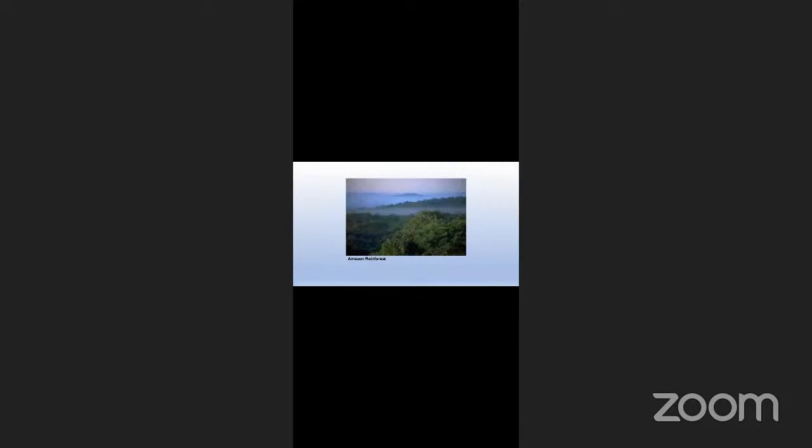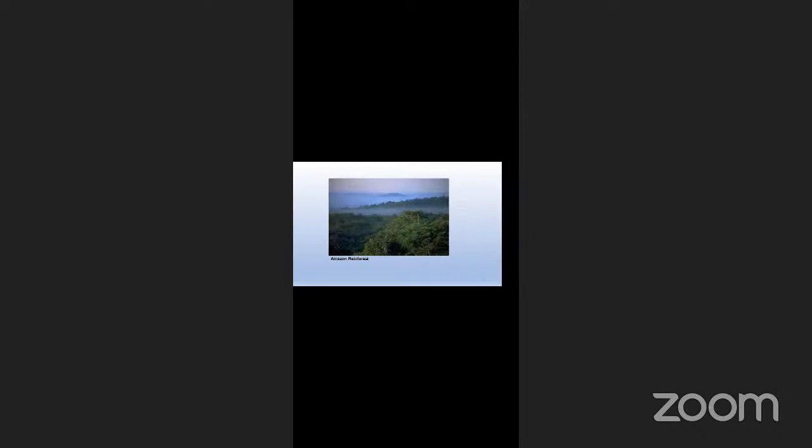The largest forest, which we already studied in our school days, is the Amazon rainforest. From where you have lots of trees, and from where we get our oxygen. Okay, so oxygen production in the environment is majorly contributed by this rainforest.